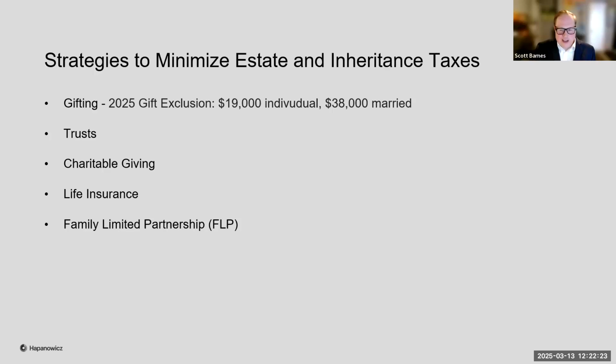So no gift tax is due until those lifetime limits are exceeded. So again, if you're giving that $100,000 or even $1 million, all you need to do is file a gift tax return, but no gift tax is due until you pass that 13.99 million as an individual or 27.98 million as a couple. Which is a lot to gift over your lifetime.